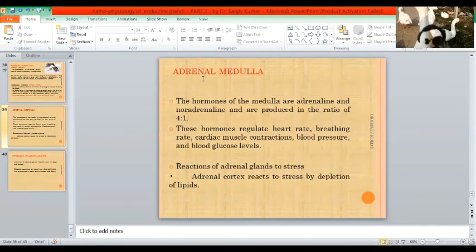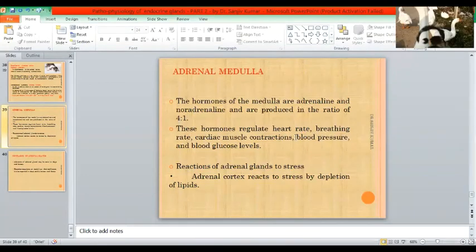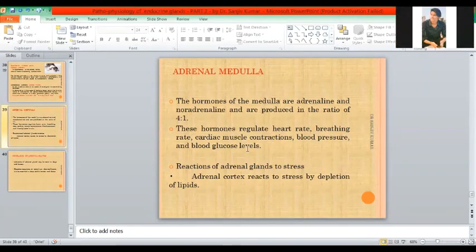And last is the adrenal medulla. So you know that two hormones, adrenaline and noradrenaline. The major hormone is adrenaline, which is 4 times more than the formation of noradrenaline. And these hormones regulate heartbeat, breathing, cardiac muscle contraction, blood pressure, blood glucose levels.